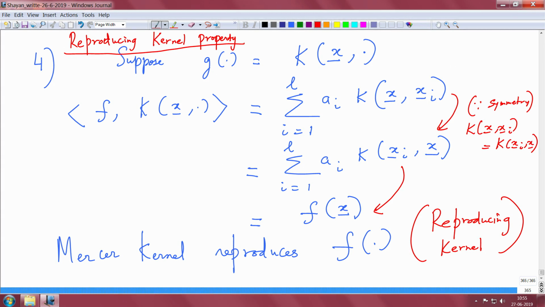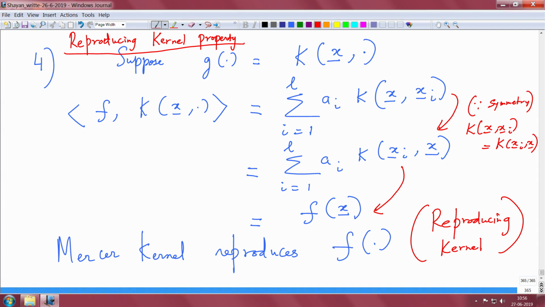And now this leads us into the notion of a reproducing kernel Hilbert space, because I take a function, and this function can be expressed using a linear combination of kernels.